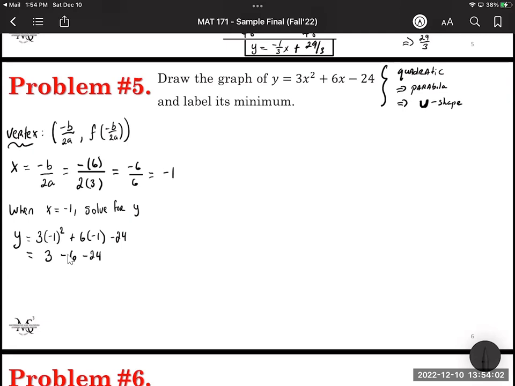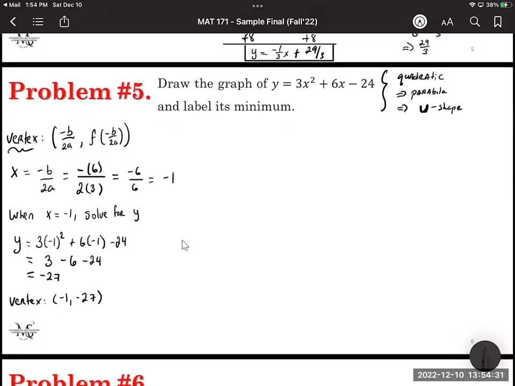So what's 3 minus 6 minus 24? Negative 27. Okay, so our vertex as an ordered pair is going to be negative 1, negative 27.